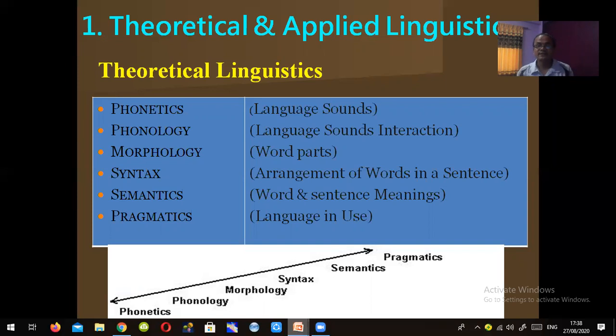Studying these areas, theoretical linguistics propounds theory of linguistics. We can go further from phonetics to the pragmatic level or discourse level.